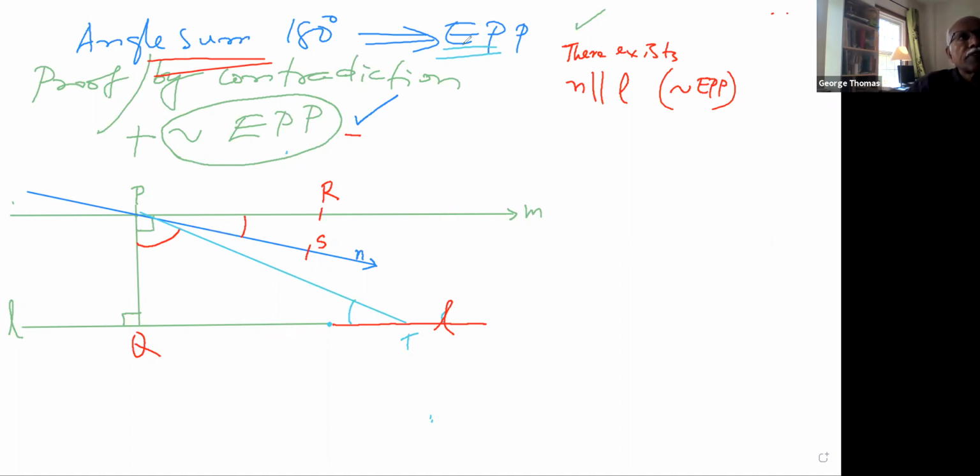If we assume the opposite and get a contradiction, that means the assumption is wrong. That means it has to be EPP. That is our plan. How many people understand our plan?